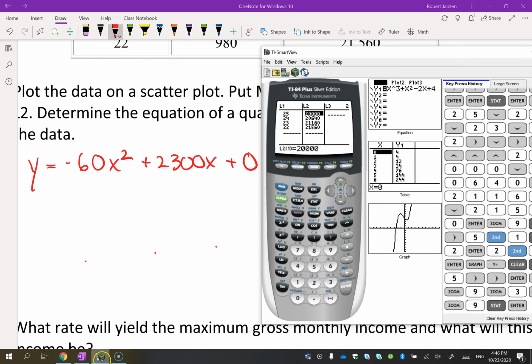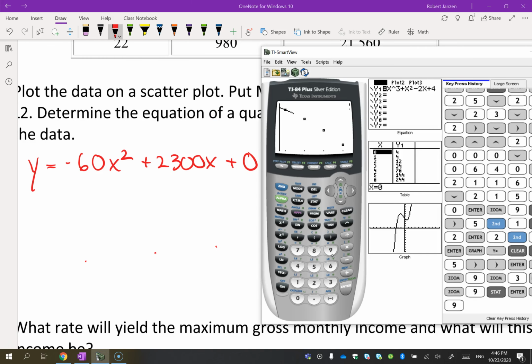So what do we do? When we graph with zoom 9, this is the picture it gives us. Maybe we should zoom out and get a bigger picture. So I'm going to press zoom out, number 3, and then press enter. Now you can see that's a much better picture of what the parabola actually is.